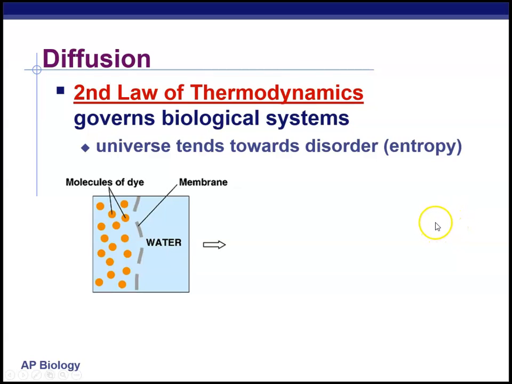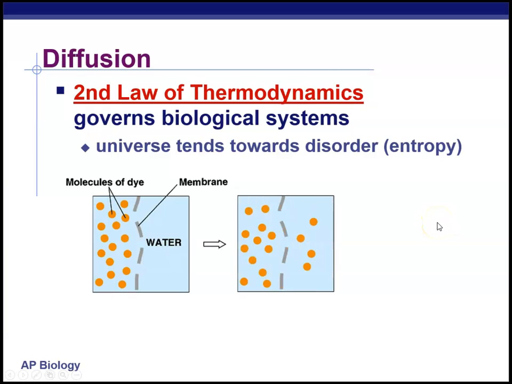And basically, when we're talking diffusion, what this is really saying is that molecules tend to spread out from where they're more concentrated or more organized, and then they spread out to where there's less of them. So going towards disorder. I know it sounds kind of funny, but that's actually what's happening.